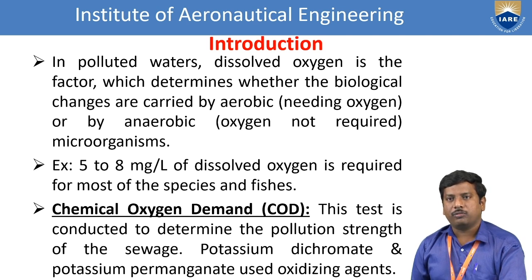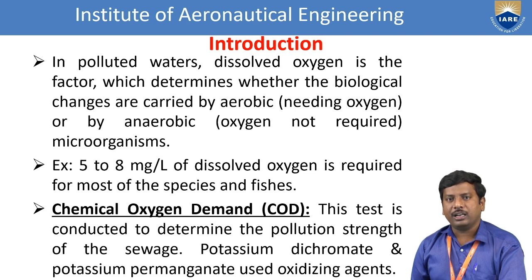For example, 5 to 8 milligrams of dissolved oxygen is required for most species of fishes. So it is very very important to aquatic life. They require a minimum of 5 to 8 milligrams per liter or 5 to 8 ppm of dissolved oxygen present in the water for the peaceful life of the fishes present in the water.